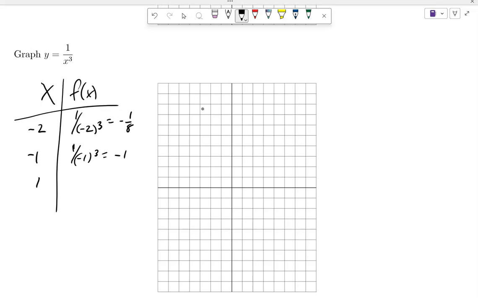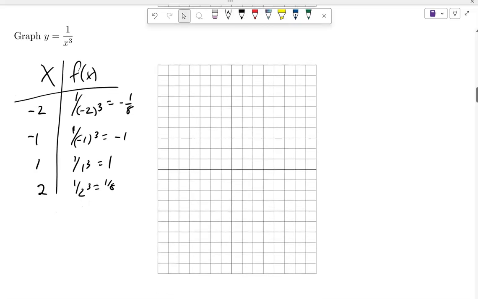So if we put in +1, we'll get out +1. If we put in +2, we'll get out +1/8. Right? So again, if we plot those points, there's a -1, a -1/8, a +1, a +1/8.